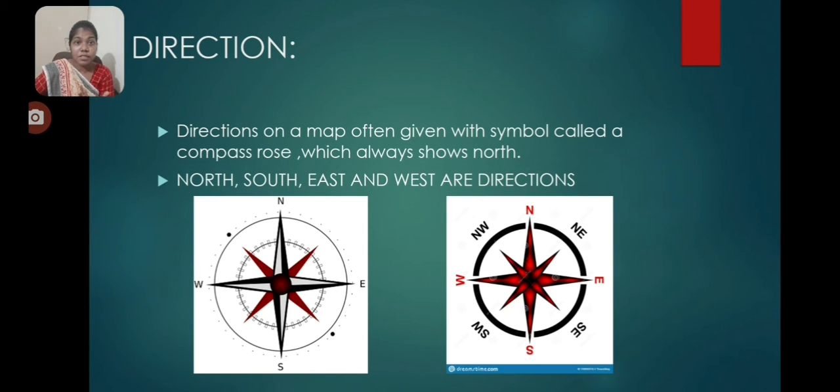We use a compass, right? If we are traveling by ship or boat, of course we need a compass for the directions. Are we going to the north side, the south side, the east side, or the west side? We need to know. So for that we need direction. So in a map, directions are very important.